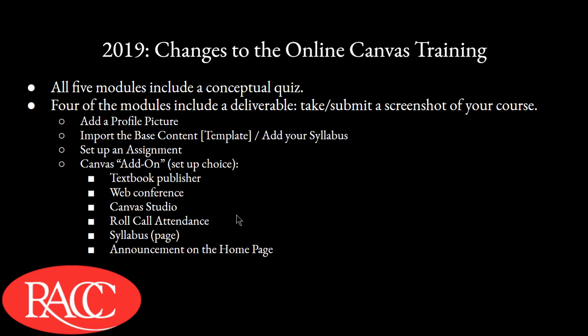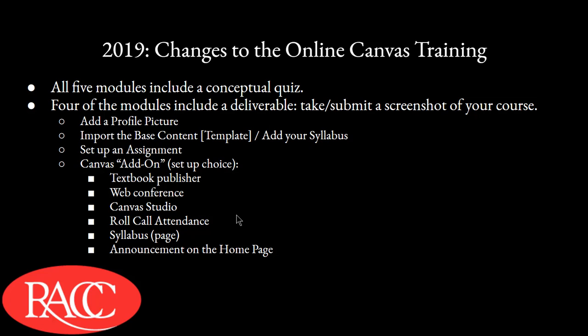Another one is importing the base content from the Commons. We have a Commons course in our instance of Canvas that is a template, basically. It closes off all the navigational links for them and gives them a nice homepage that directs students to the modules area, right?